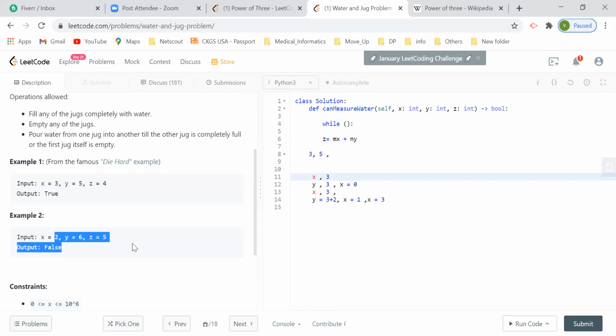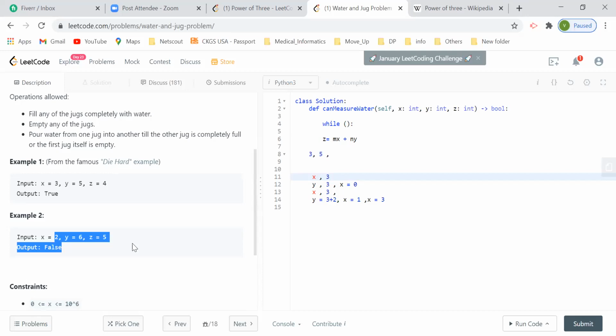So the question is asking how do you know that some numbers you can measure and some you cannot measure? That's a very interesting problem, and a good example that you showed me. Think about it: if you can measure one liter, then you can measure any number.